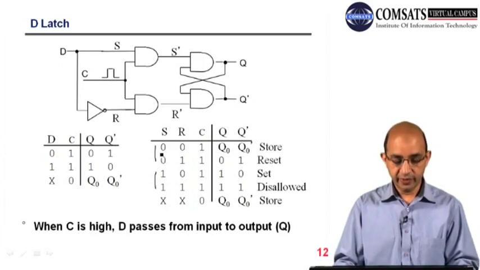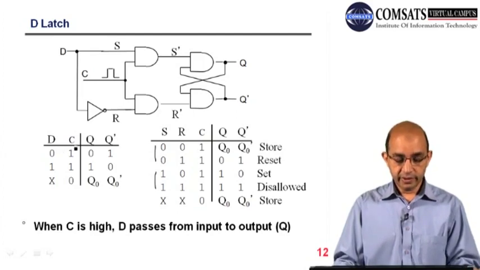So there are only two possibilities. So D, this is the clock or control signal, and this is Q and Q bar.